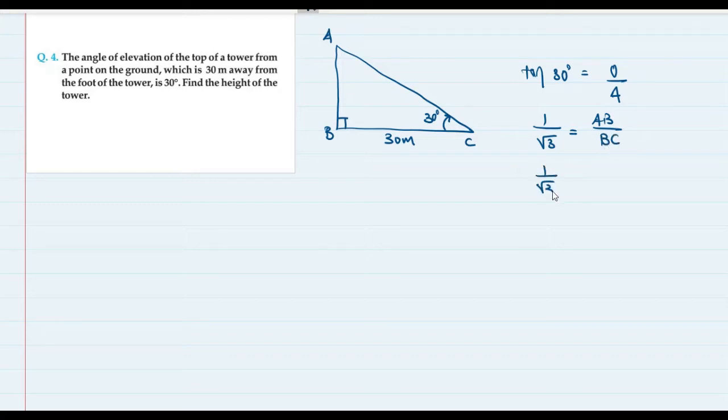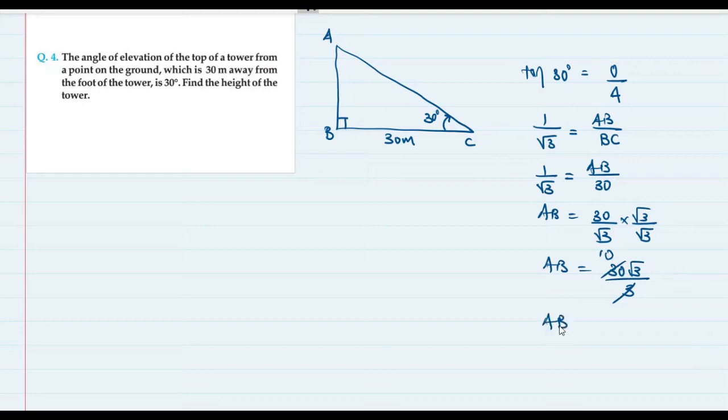So 1 by root 3 is equal to AB by BC, which is 30, and AB is equal to 30 by root 3, which is 30 root 3 by 3. The 3 gets cancelled. So AB is equal to 10 root 3.